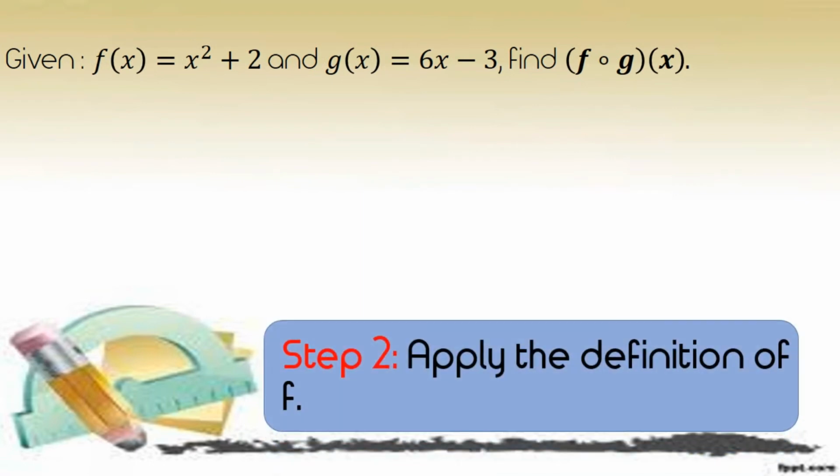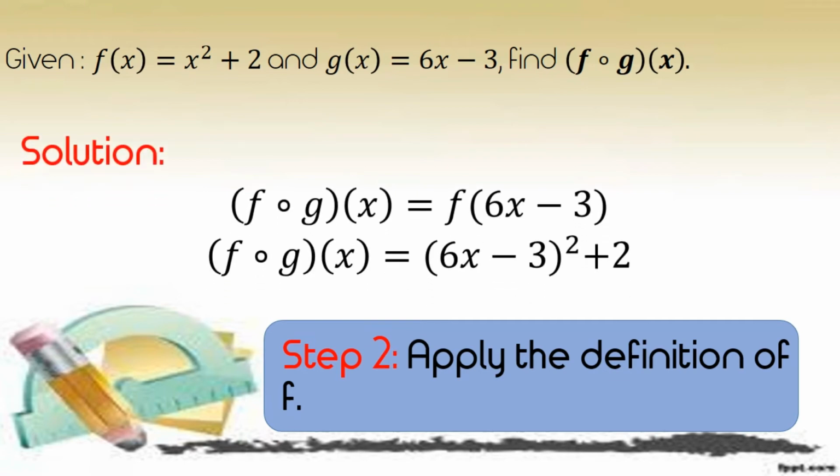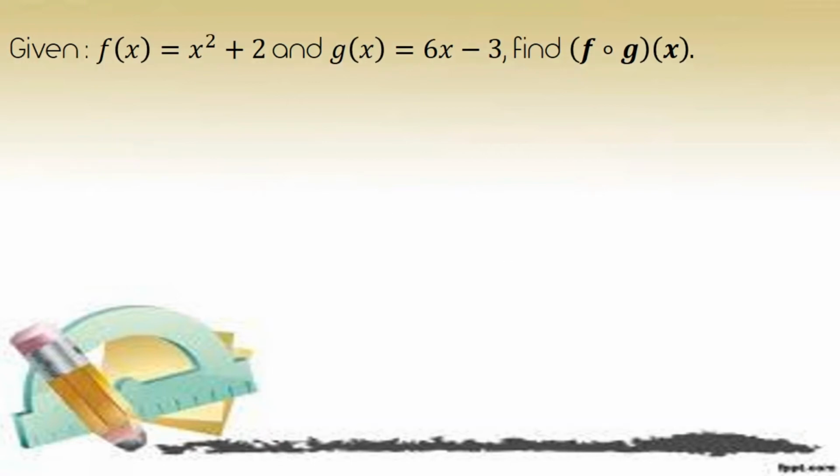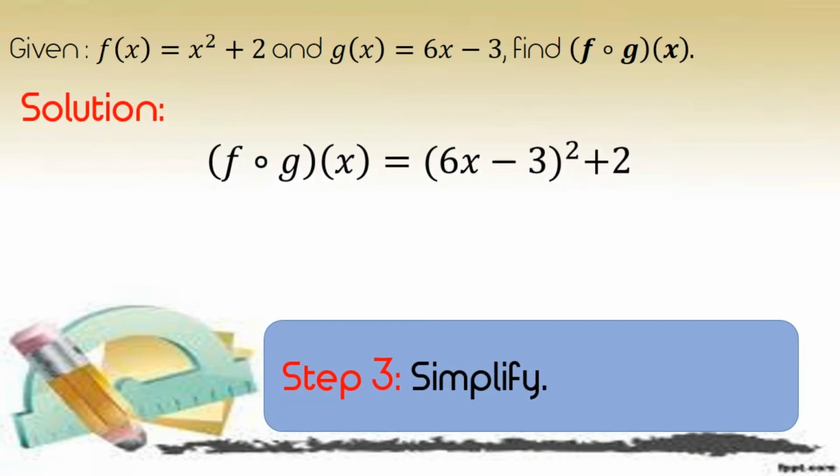We continue with step number 2. We apply the definition of f. So given that f of 6x minus 3, it will become the quantity 6x minus 3 squared plus 2. 6x minus 3 is substituted as the value of x in the function f. To continue with step number 3, we have to simplify.